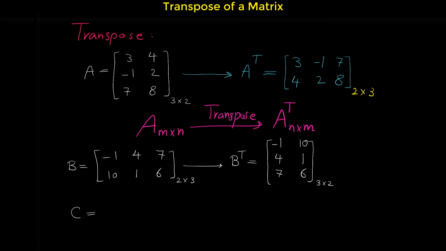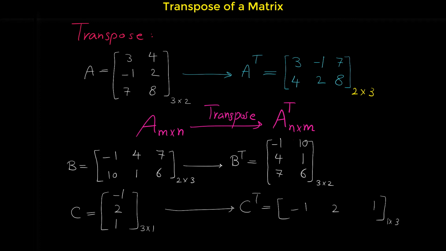Consider this matrix, matrix C with elements -1, 2, 1. This matrix is a 3 by 1 matrix. The C transpose is -1, 2, 1, which is a 1 by 3 matrix. Here we have 1 column, here we have only 1 row.